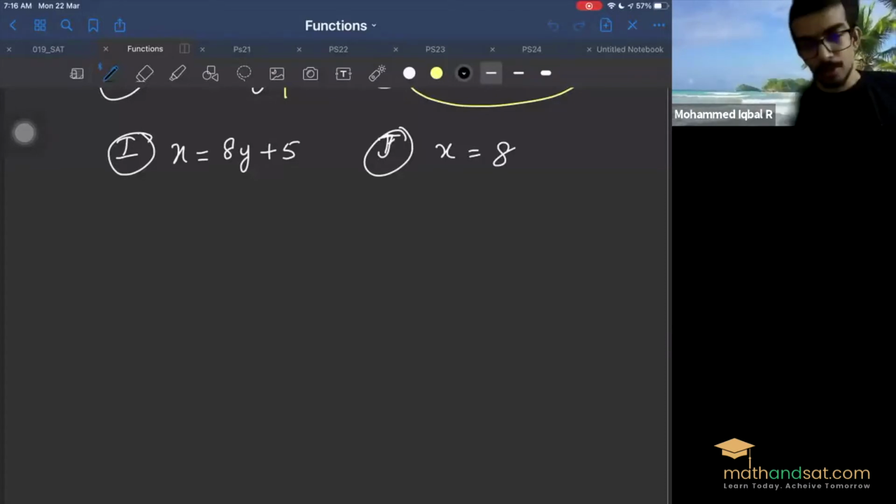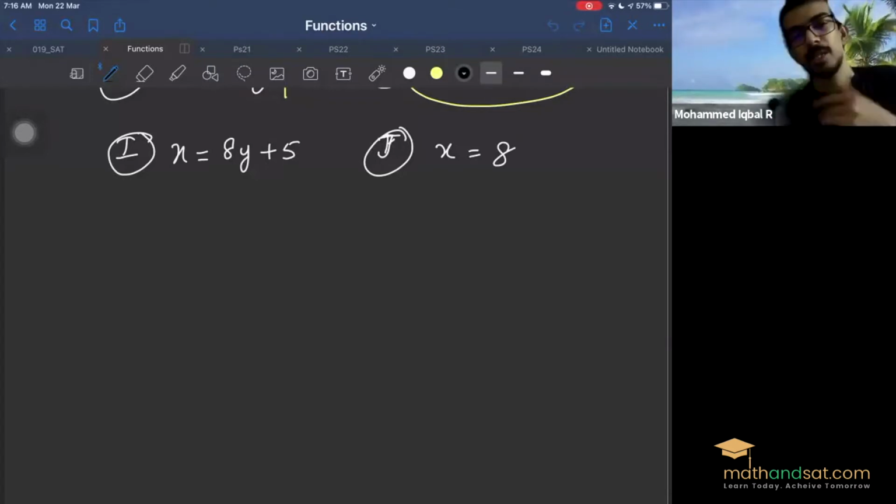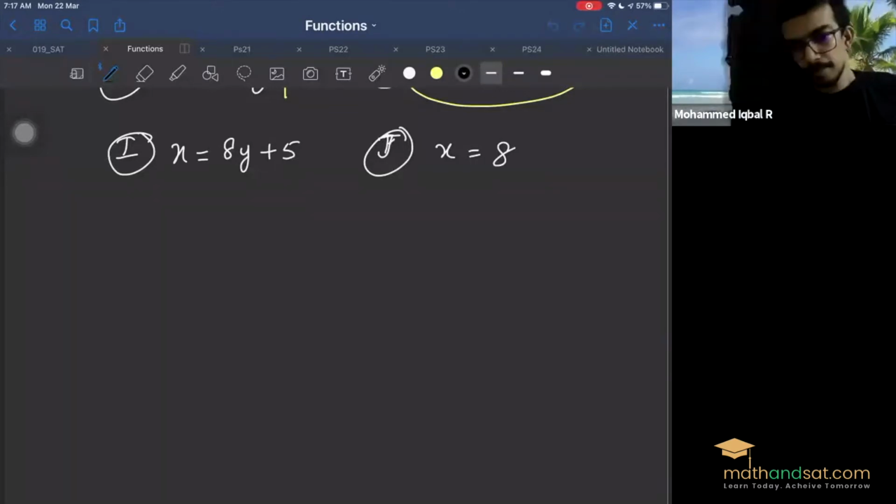These are very easy questions, so you can easily score well, but the basic idea should be very clear: what linear functions are, and how a real world scenario can be modeled as a linear equation. It's a very common thing. A lot of questions will come from this area, so please listen carefully. If you have any doubts, please get back to me immediately or over WhatsApp.